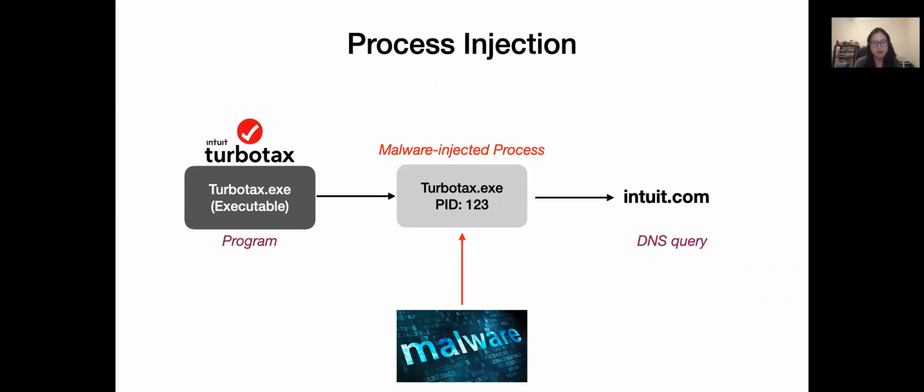Now imagine a malware that has infected my machine. It injects its malicious logic into the running TurboTax process and queries malicious domains through the TurboTax process. Here, since the TurboTax process is sending all the queries, even though it's being injected by malware, the process level information is indistinguishable from a truly benign TurboTax process.